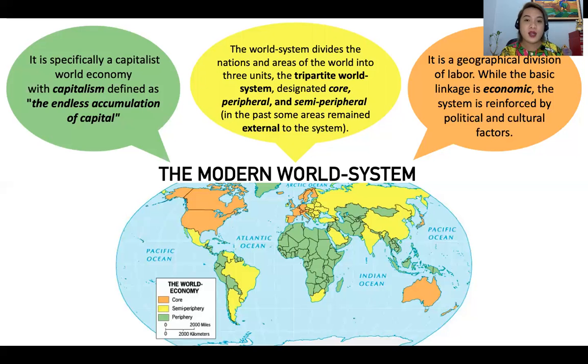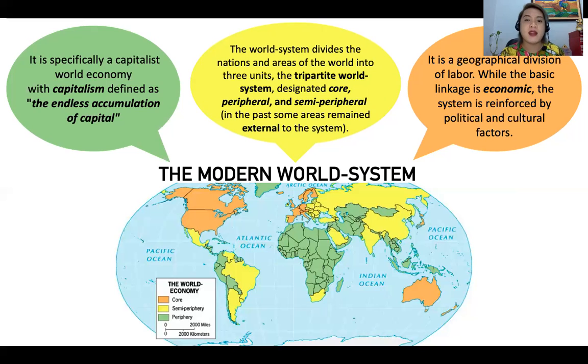However, Immanuel Wallerstein divided the world into what we call the tripartite world system. By the term tripartite, he claimed that the world is divided into three. It designated the core, the periphery, and the semi-periphery as the world's divisions. Later, we will know what these divisions are all about.